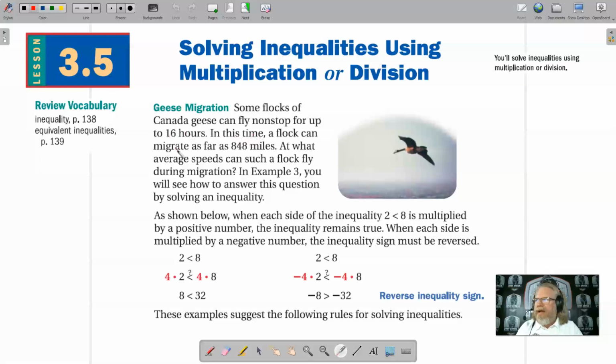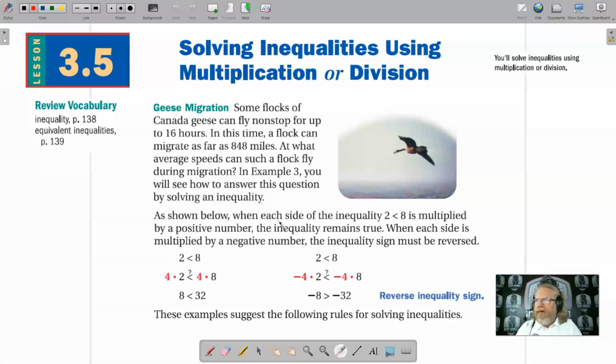In this time, a flock can migrate as far as 848 miles. Not necessarily exactly 848 miles, but up to. So again, this implies an inequality as opposed to an equality. At what average speed can such a flock fly during migration? In example 3, you'll see how to answer this question by solving an inequality.